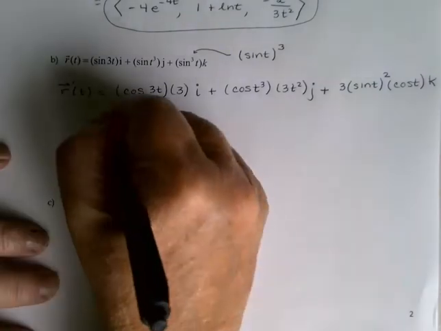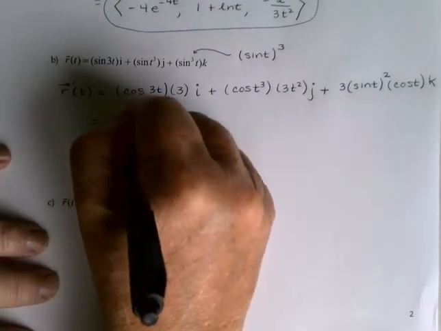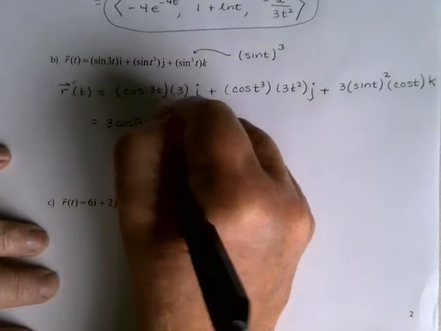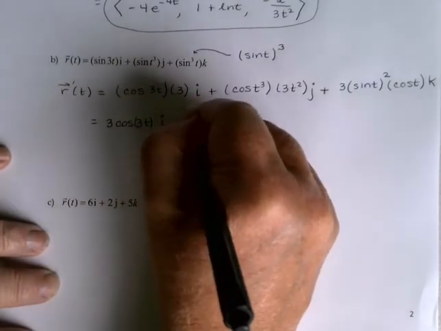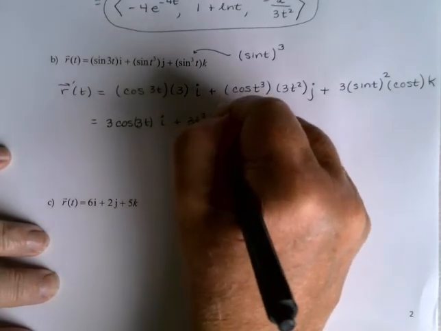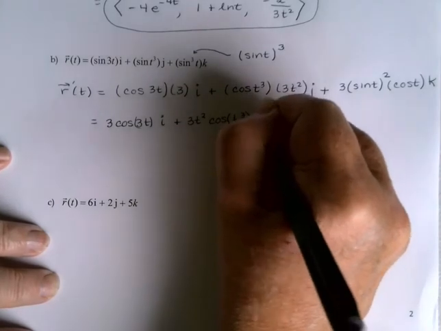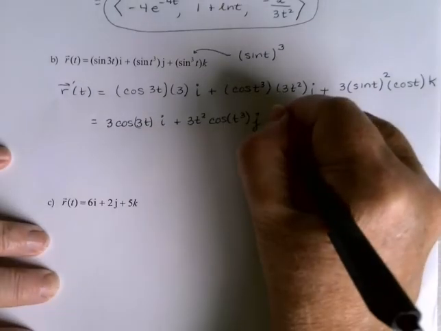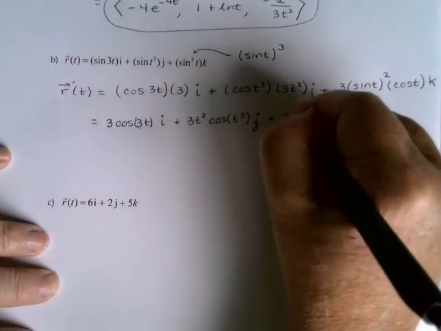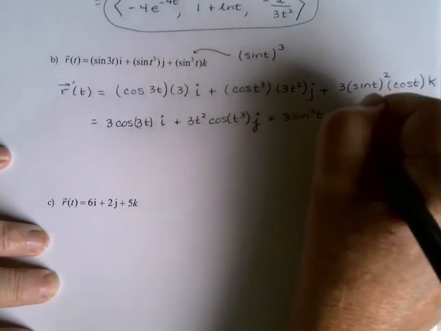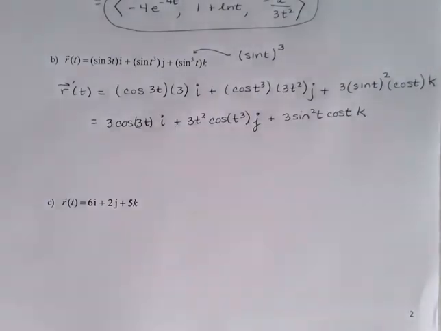And again, I'm doing nothing here but just cleaning things up a little bit. So 3 cos 3t i plus 3t squared cosine t cubed j plus 3 sine squared t cosine t. Okay.